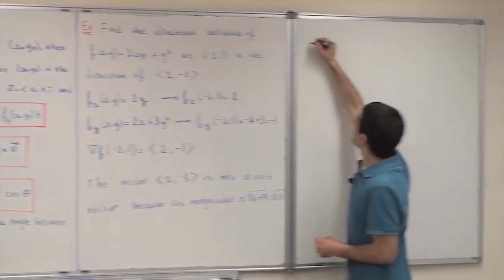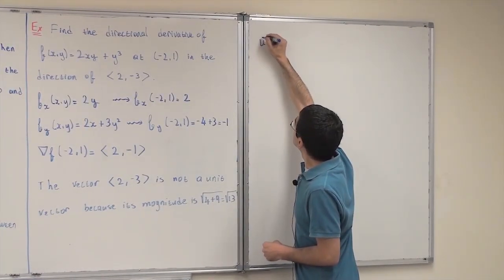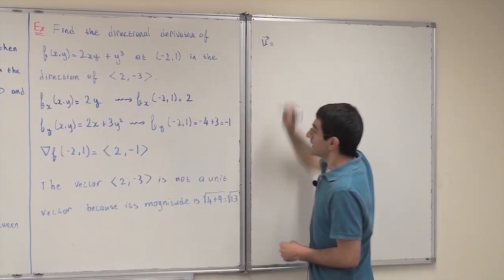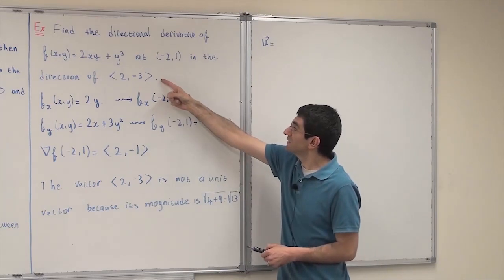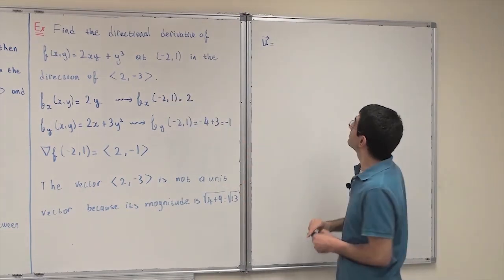The way to obtain such a vector is to divide the given vector by its magnitude.